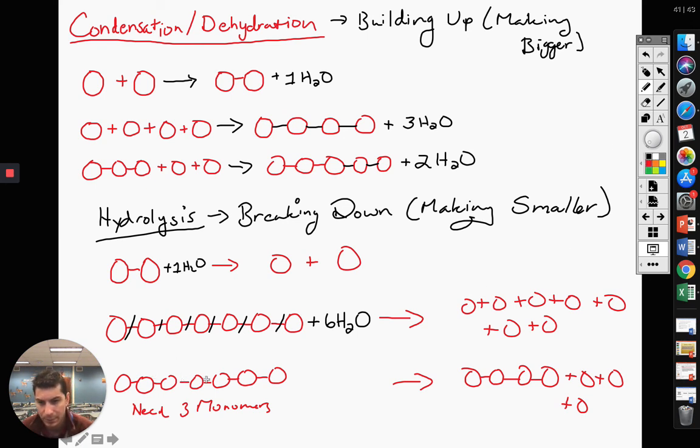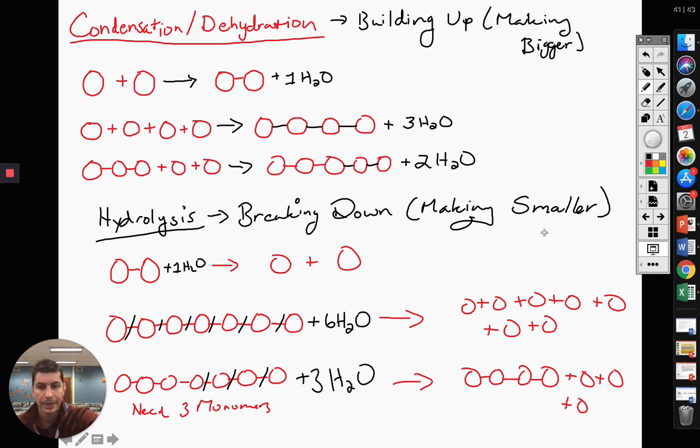We want to keep 4 together. So I would have broke 1, 2, 3 bonds. Right there I broke my 3 bonds. So I would need 3 water molecules. Okay? So there is our thing right there.